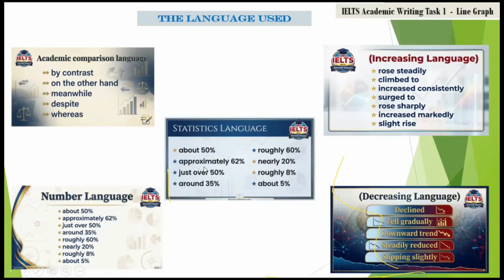What about statistics? What about increasing and decreasing? Rose steadily, climbed, increased consistently, surged, rose sharply, increased markedly, rose slightly, declined, fell gradually, downward trend, steadily reduced, slipping slightly.